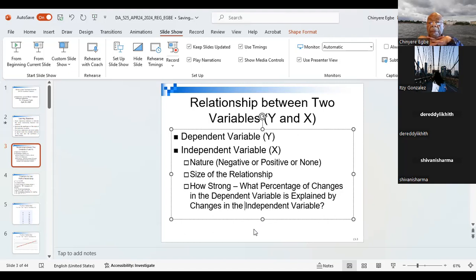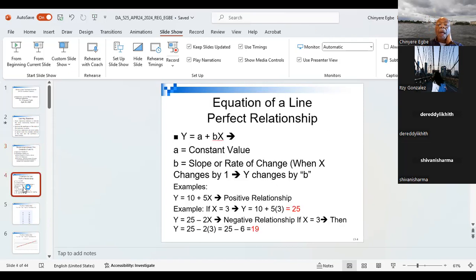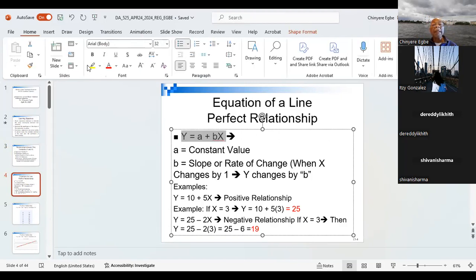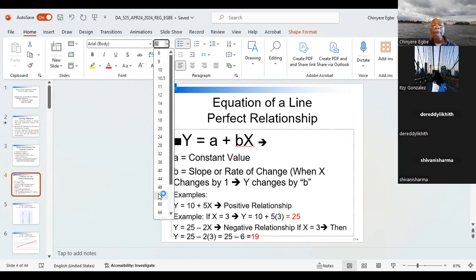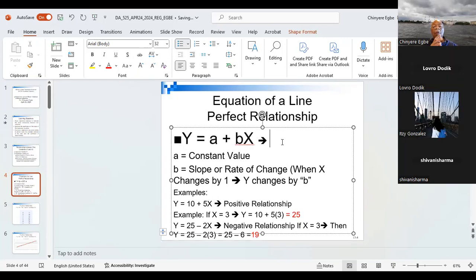What is the form of a regression model? And in fact, let us first begin by explaining the background to what we call a regression model. Now, a regression model is nothing but the standard linear model that many of us know. Y is equal to A plus BX.